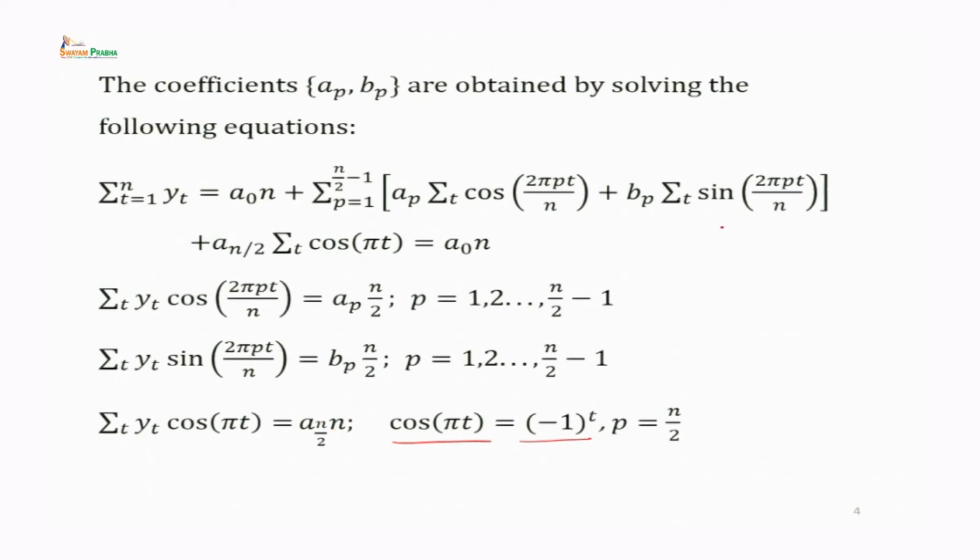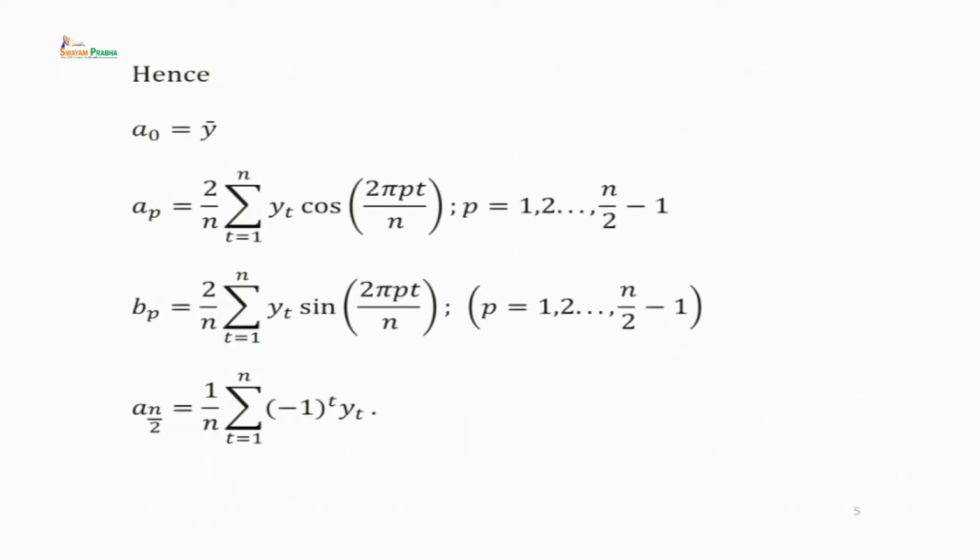Now, using these equations, you can easily obtain the values of all the coefficients: a naught, a p for p equal to 1 to n by 2 minus 1, b p for all values of p, and a n by 2. So, a naught is equal to y bar, a p is equal to 2 by n summation t y t cos 2 pi p t by n for all values of p. b p is equal to 2 by n summation t y t sin 2 pi p t by n.